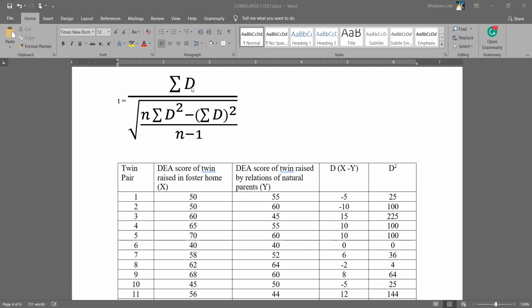So like what we did for independent T, take D like it is X. So it means you're supposed to find sigma D, which is the same as solving for sigma X. So how do we know D?